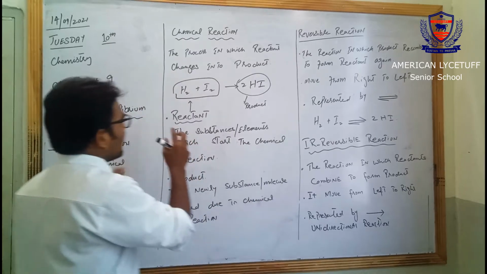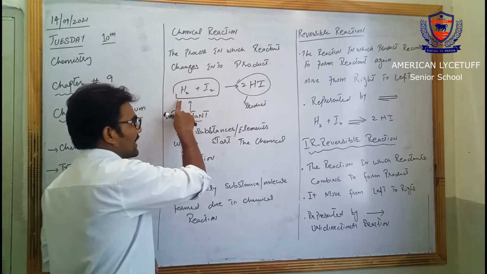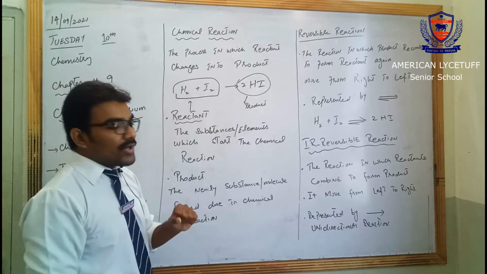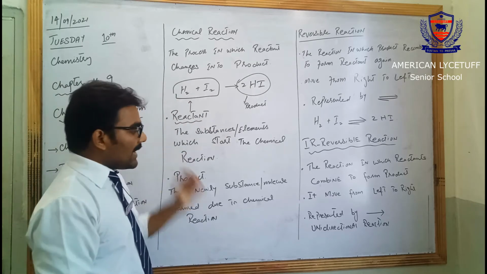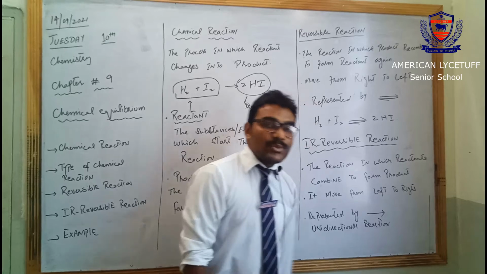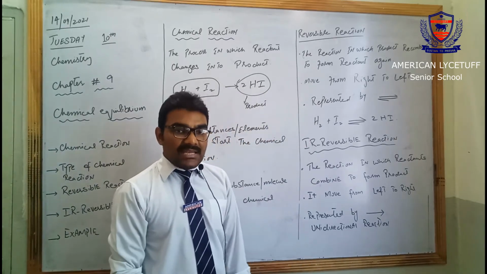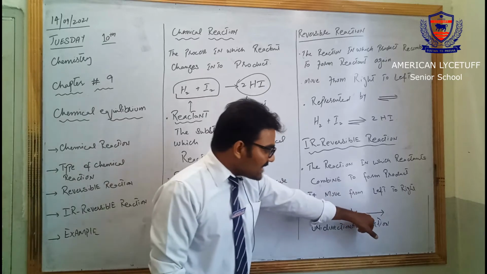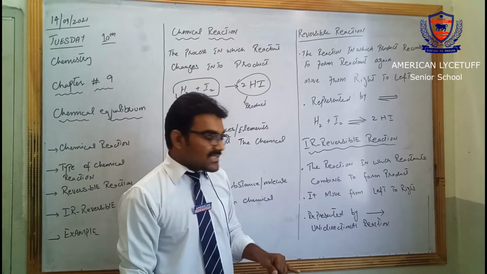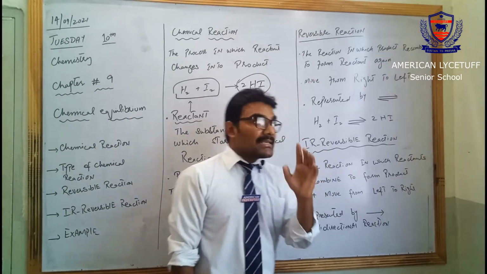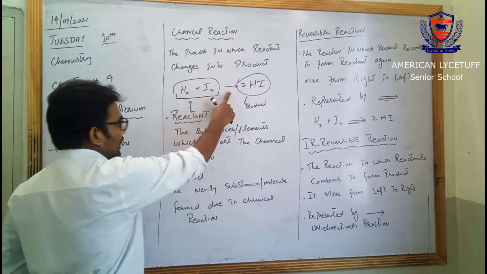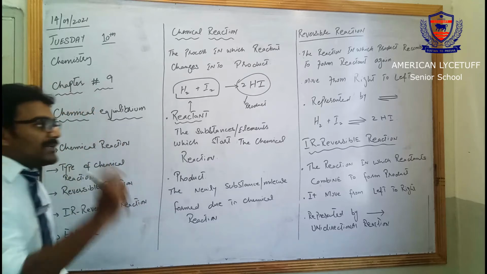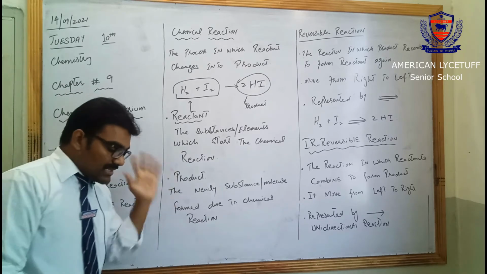When we write a chemical reaction, we write it in such a manner that reactants are written on the left side and products are written on the right side. So it moves from left to right in a chemical reaction. It is represented by only a single arrow. As I wrote here, a single arrow is used to represent the irreversible reaction.